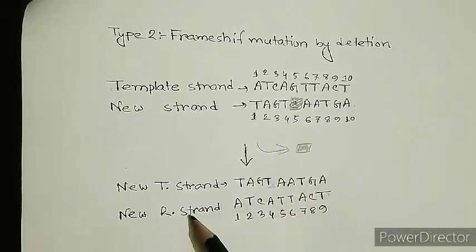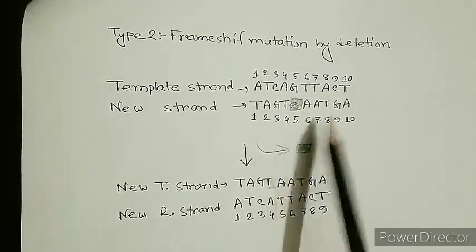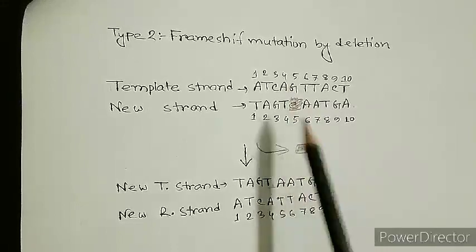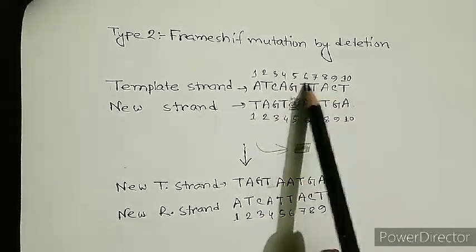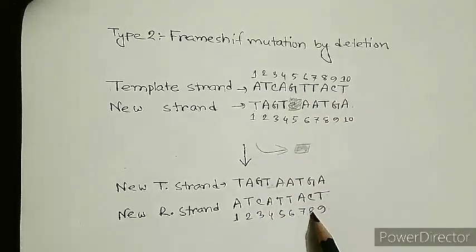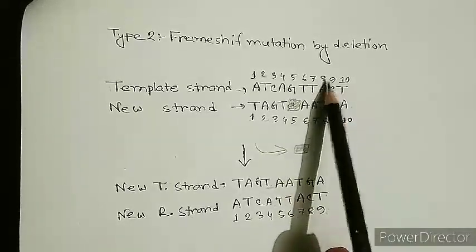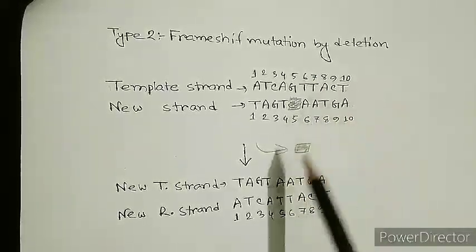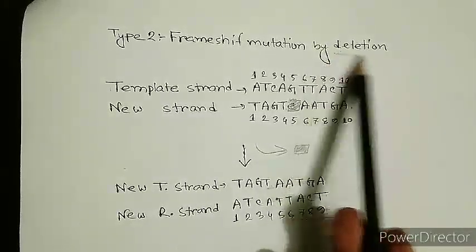As a result, the new replicated strand has 9 bases and is missing the G because there was no C here. So the TTACT has now become the 5, 6, 7, 8 and 9th base in place of the 6, 7, 8, 9 and 10th base. This is another frameshift mutation that is caused by deletion.